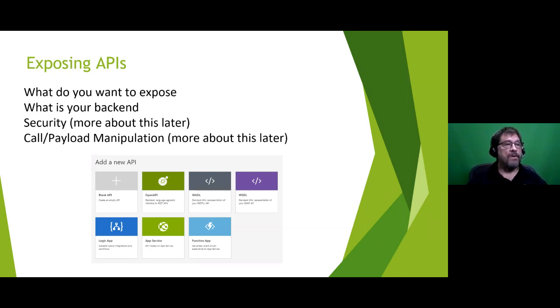You also have WADL, which is a kind of XML representation of a RESTful API, which is an interesting thing to do. And then WSDL. So if you do have existing SOAP services, and if we have time, we'll talk about one of the features that I really like in API management around being able to expose your SOAP service as a REST service. Then we also can bring in logic apps.